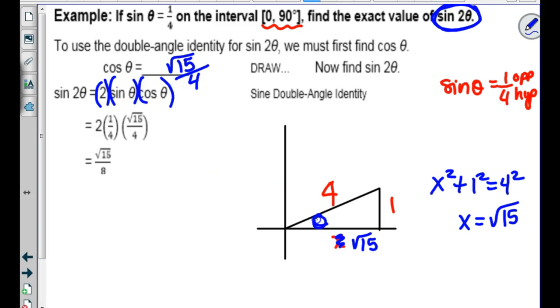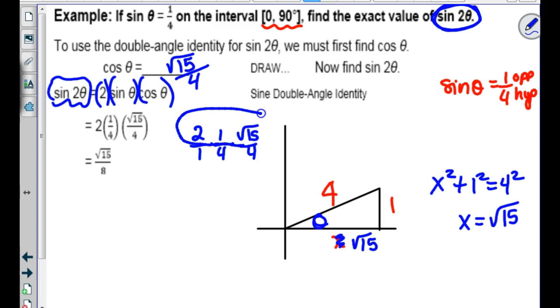So if I made this angle twice as big, I would have an exact value for that new angle by taking 2 times the sine here, which is 1/4, times the cosine, which is square root of 15 over 4.